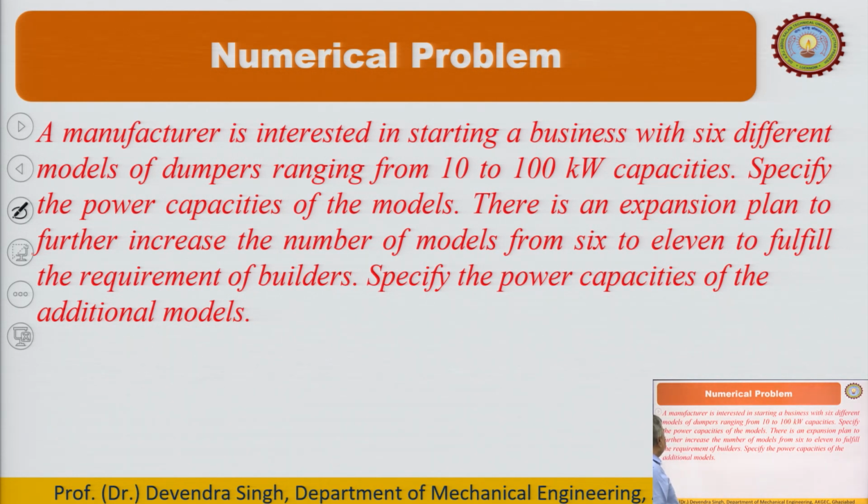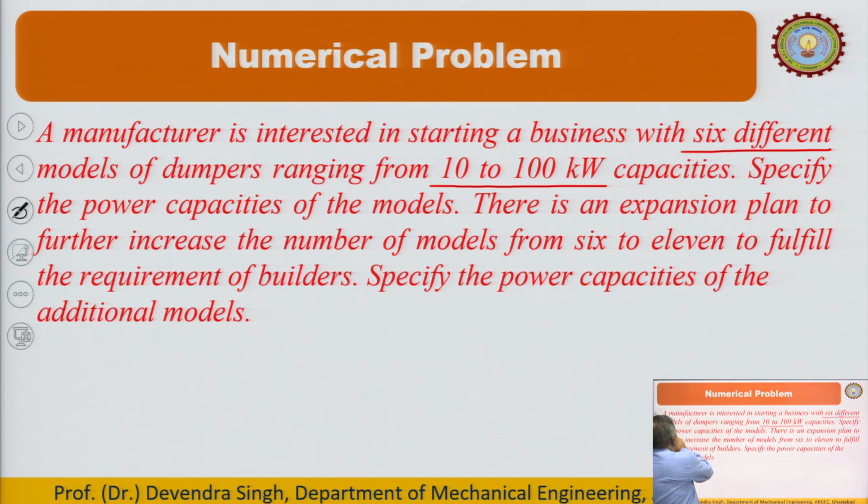nation or state. Another problem here: a manufacturer is interested in starting a business with 6 different models of dumpers ranging from 10 to 100 kilowatt. A businessman wants to manufacture a dumper between 10 and 100 kilowatt, and first he wants to make only 6. When it becomes popular, then he expands.